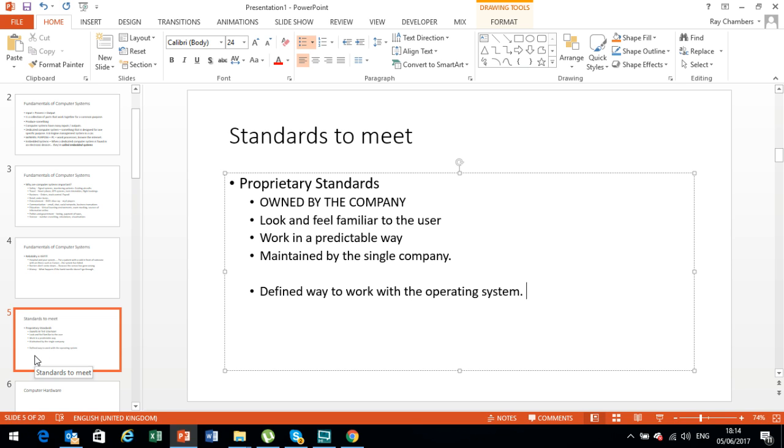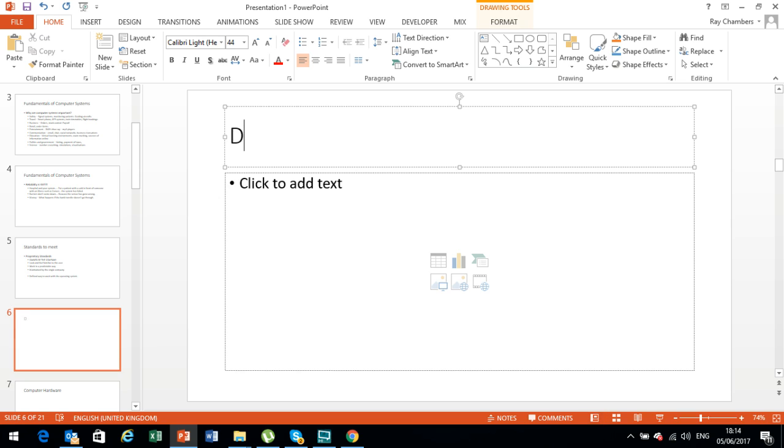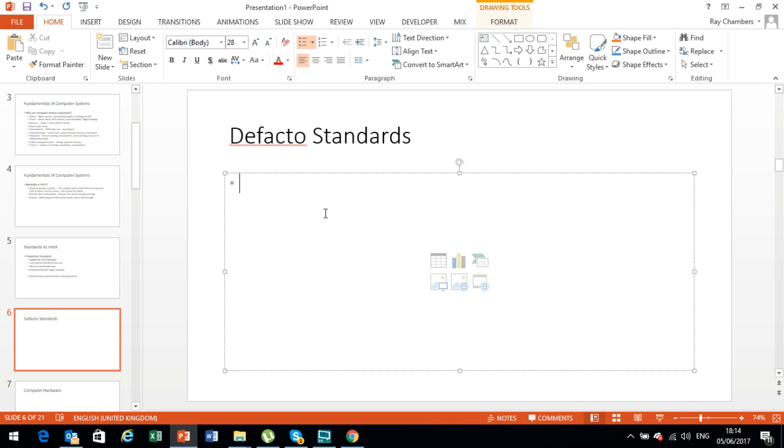Now, the other type of standards that you've got is there are a number of industry standards. So we've got de facto standards. Alright, now de facto standards were developed through common usage. For example, a de facto standard that we see on a day-to-day basis is HTML.